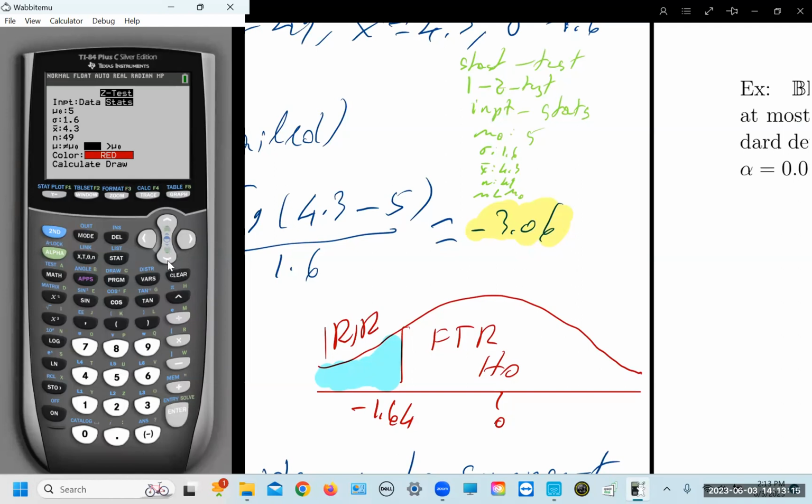Whatever color you want. So we can go calculate, and we hit the calculate. So we can see that's 0 here, 0 minus this one. See? Or can we draw it?